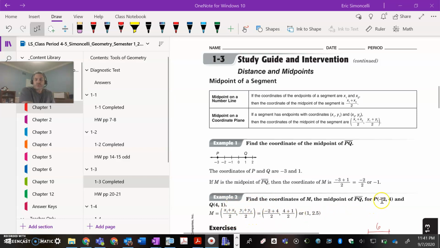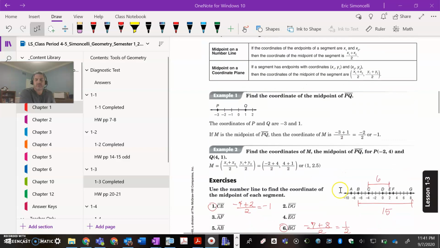In this particular case, -2 plus 4 divided by 2. That's nice. That's 2 halves, or 1. 4 plus 1 divided by 2. So 5 divided by 2, or 2.5. So literally the midpoint between those 2 points, and again, if you were to graph it, you'd see, would be 1, 2.5. No graphing needed, but it is, like I said, a nice finishing touch if you'd like.